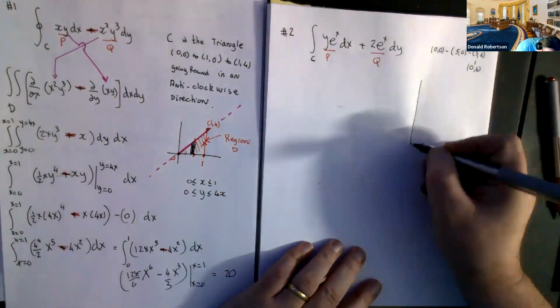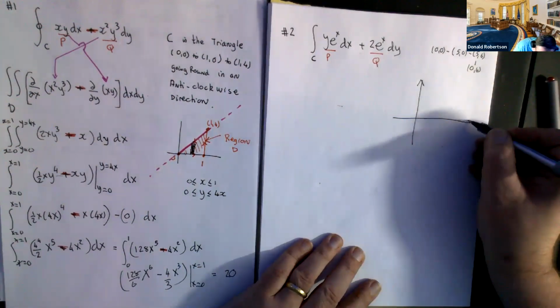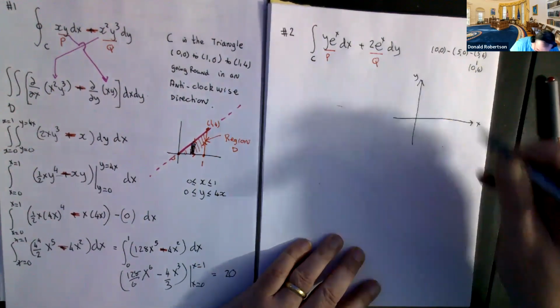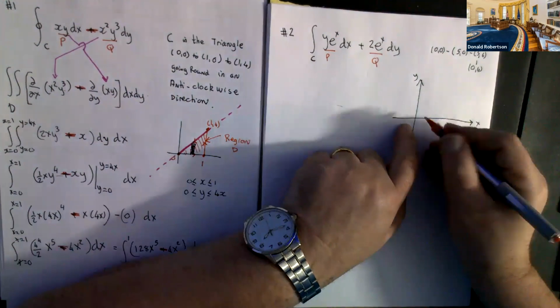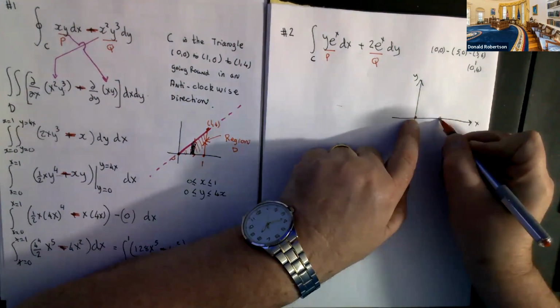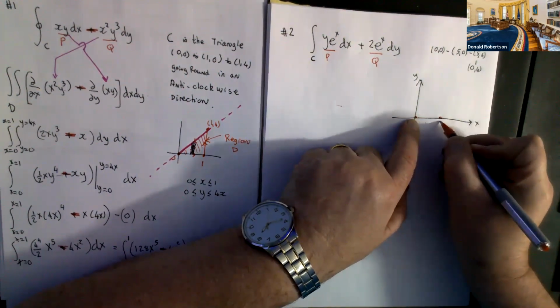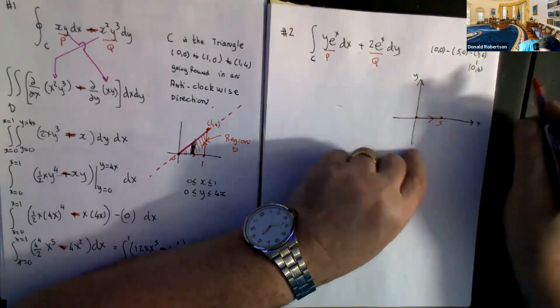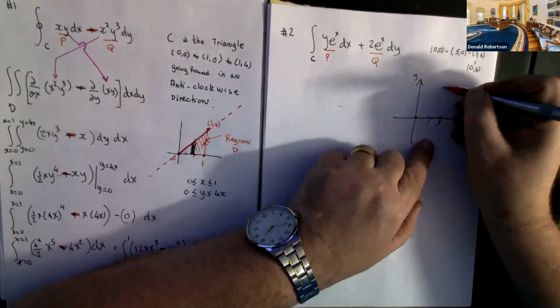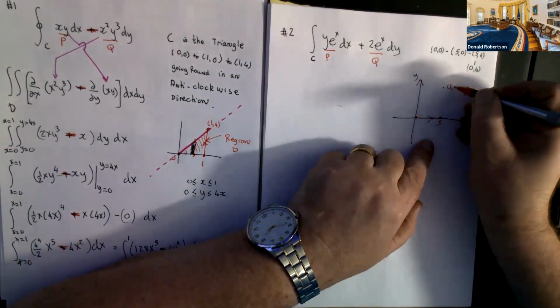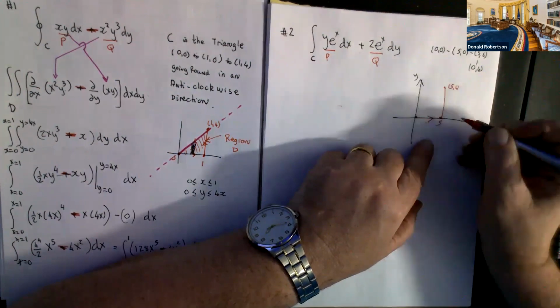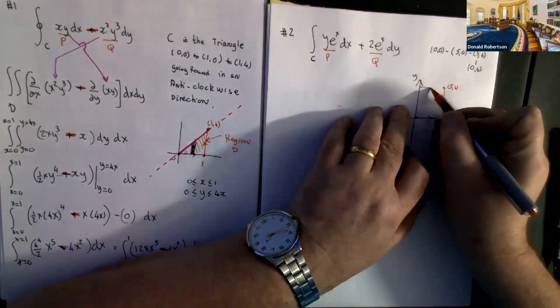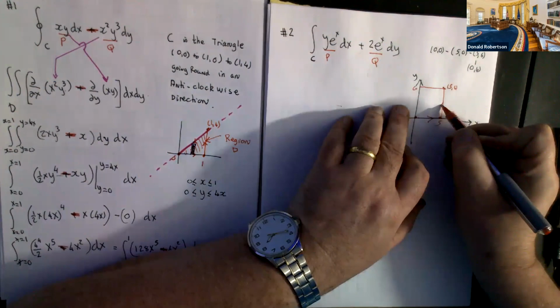So see what that region looks like in the XY plane. You go from 0, 0 to 5, 0, which is that. 5, 0 to 5, 6, which would be here. 5, 6 to 0, 6, which would be here.